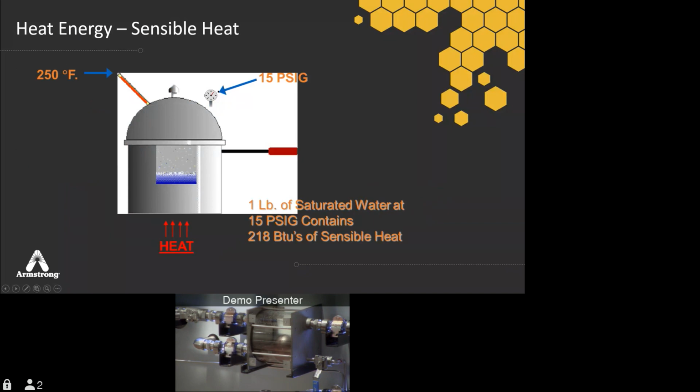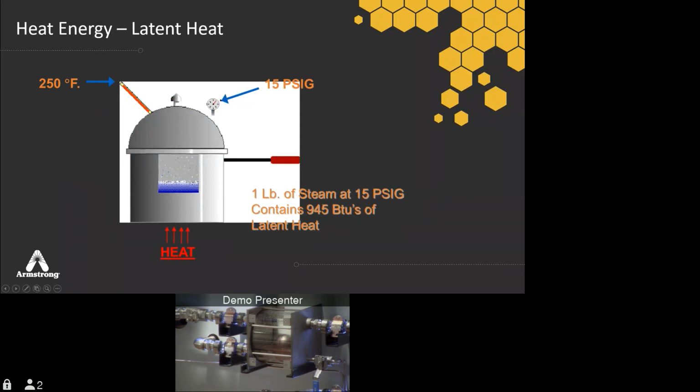So I have 1 pound of liquid at 250 degrees in a 15-pound system. If I want to turn that 250 degree liquid to steam, I need 945 BTUs of latent heat. By adding that heat, I now have 1 pound of steam at 15 psig, 250 degrees.